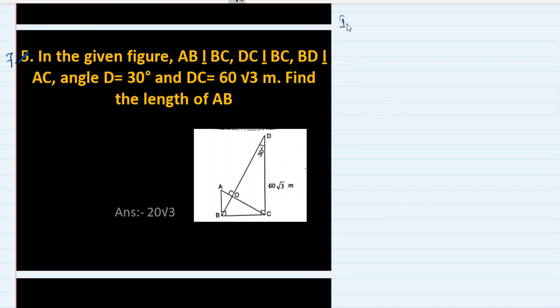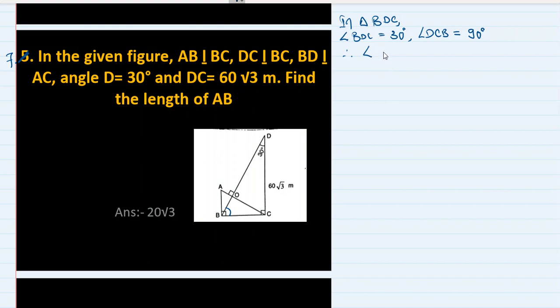Okay, so in triangle BDC, angle BDC is equal to 30 degree, angle DCB is equal to 90 degree. Therefore, we can find this third angle.